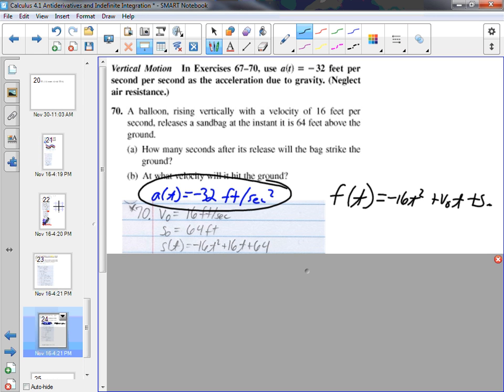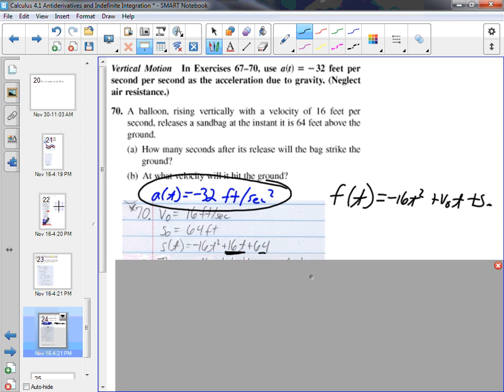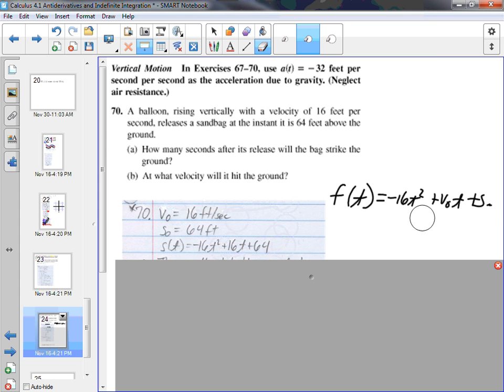What's the initial velocity for this problem? So that's your v0t, 16t, plus s0, the initial position. So plus, then the initial position for this one is 64. All right. So now we have the position function.